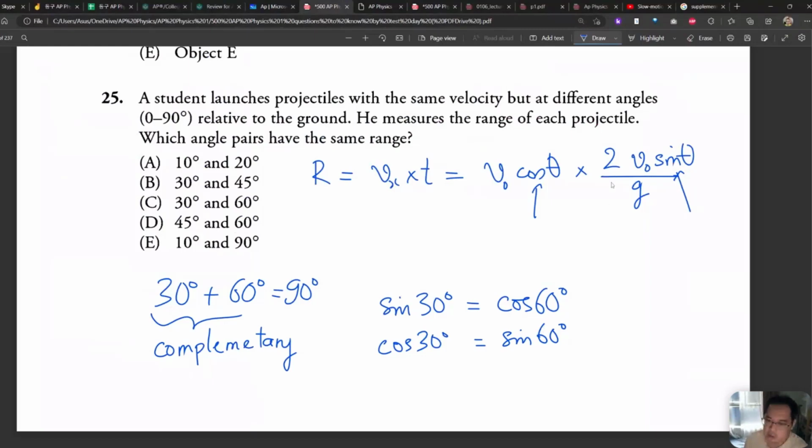Therefore, for any two angles which are complementary, meaning their sum is 90 degrees, the range will be the same. So the answer is 30 and 60 degrees.